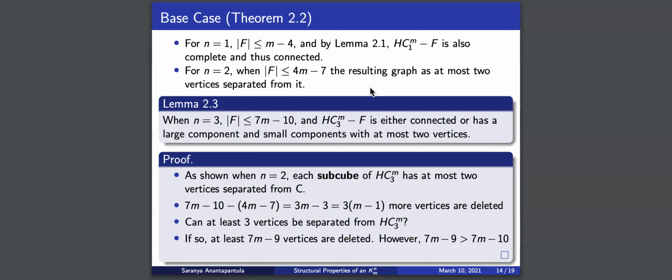Then 3 times m minus 1 more vertices are deleted. Isolating more than 2 vertices from the graph is not possible, so it will require more than 7m minus 10 vertices to be deleted. And also, the large components of each subcube are connected because we know that there is at most one edge between them. Thus, we can say at most 2 vertices are separated from the large connected component.